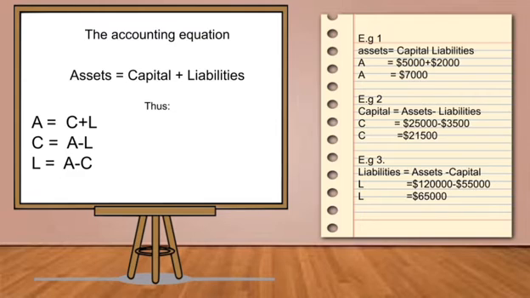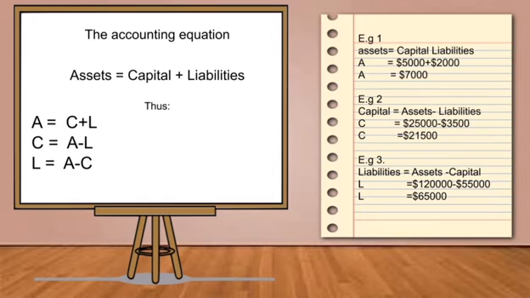Example 1. Calculate assets when capital amounts to $5,000 and liabilities $2,000. Using the accounting equation, which states that assets is equal to capital plus liabilities, we want to calculate assets.